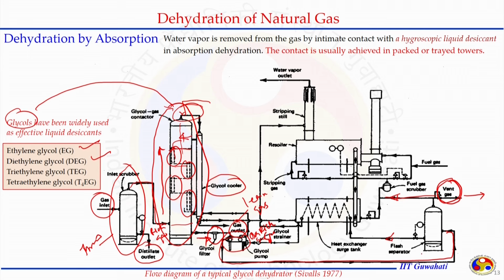So, the glycol that is carrying the water is a rich glycol, and this rich glycol is going to a heat exchanger, and after that it will go to a reboiler section. In this reboiler section the glycol will get separated out from the water, and the reboiler operation is easy in the case of glycol solvent because of the boiling point difference.